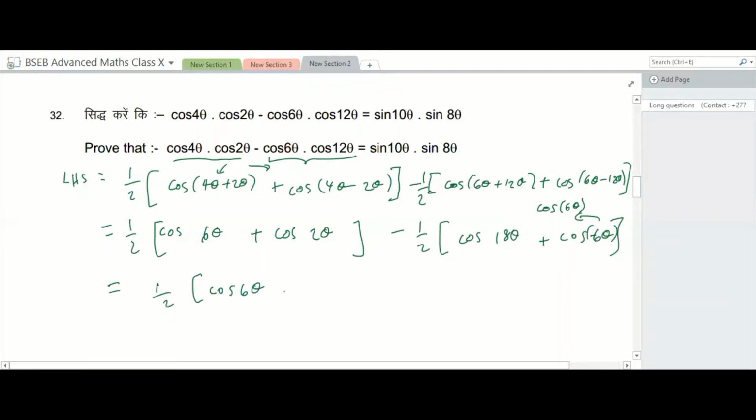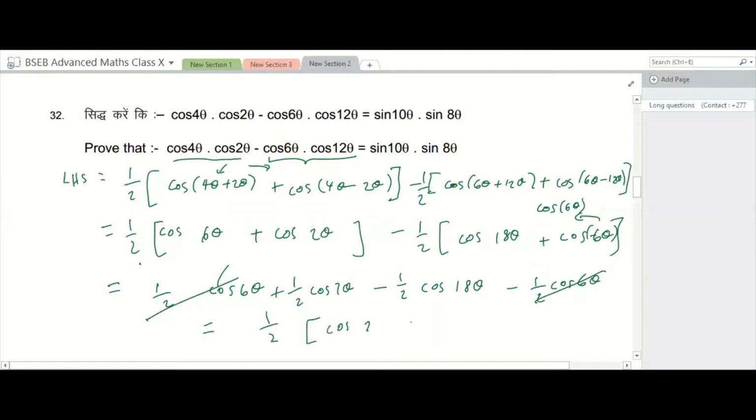Let's just expand it like this: half cos 6 theta plus half cos 2 theta minus half cos 18 theta minus half cos 6 theta. This one and this one cancel out. What we are left with is half into cos 2 theta minus cos 18 theta.